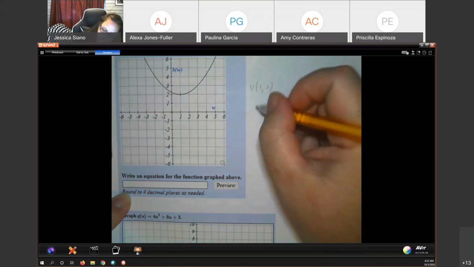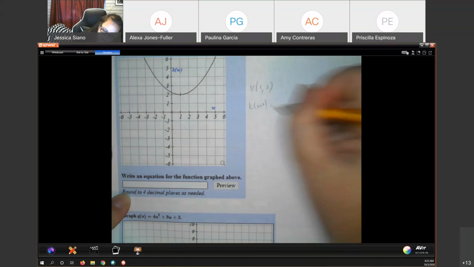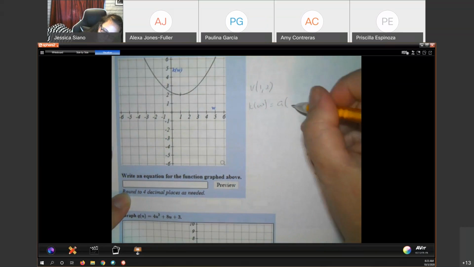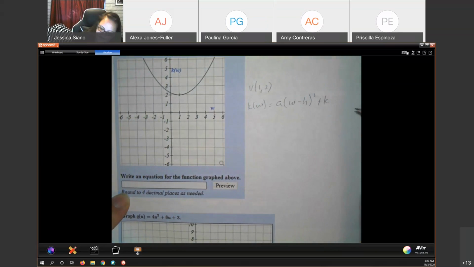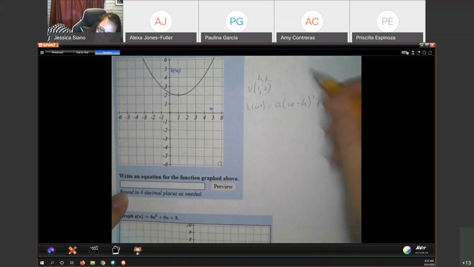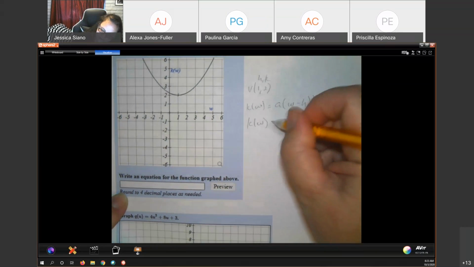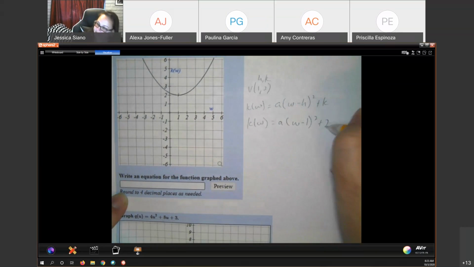And vertex form of a quadratic, this would be, is k of w equals a times (w minus h) squared plus k, where this is h and k. So here's what I know. w minus 1 squared plus 2. The only thing I need to figure out is what is this a value.